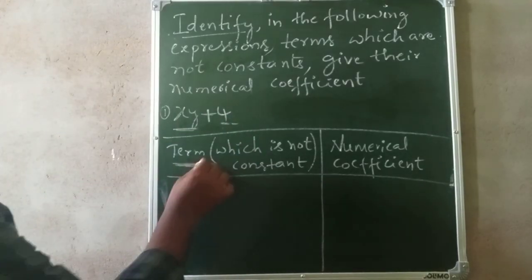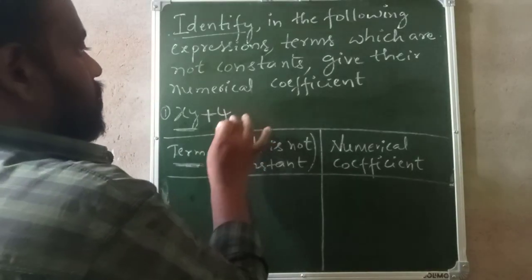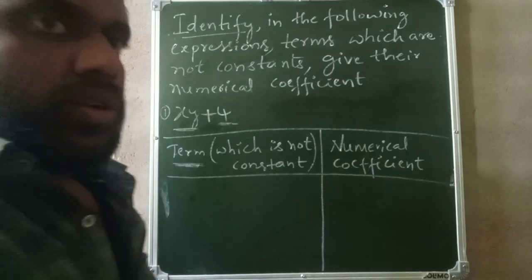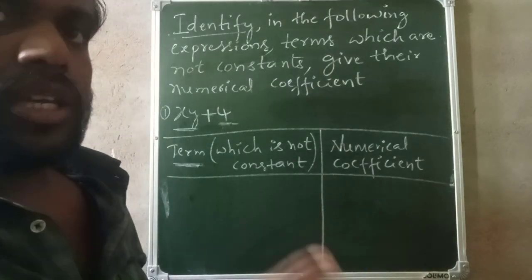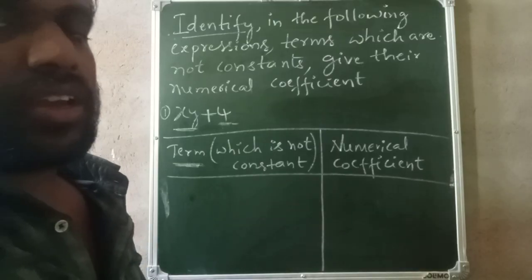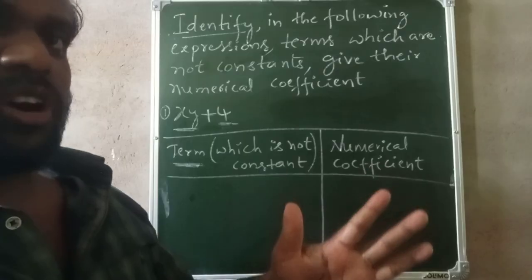Now we want a term which is not constant. First, see this, it is the number 4. I already said if there is only a number, then that is constant. With that number any variable, then that is not constant.